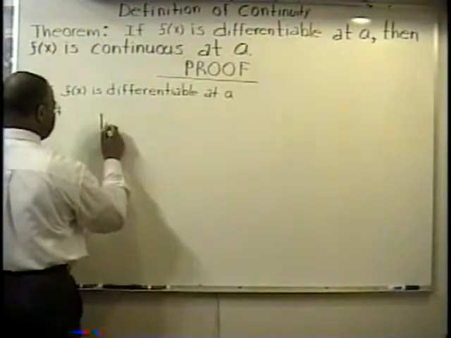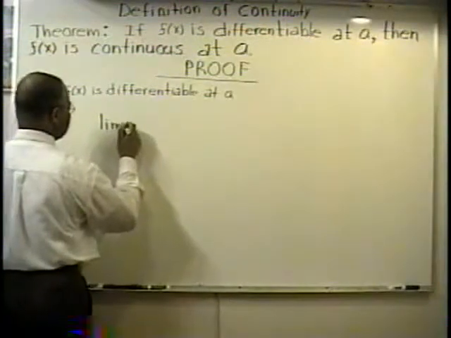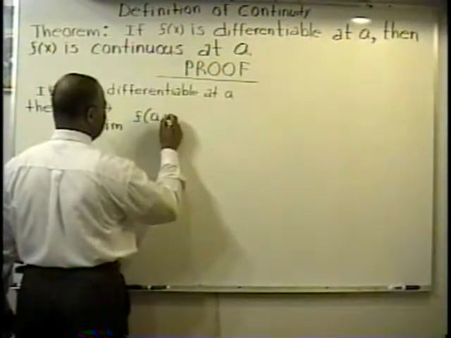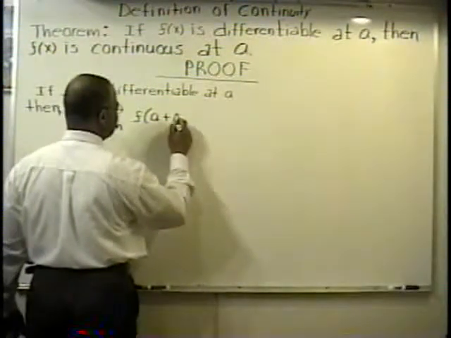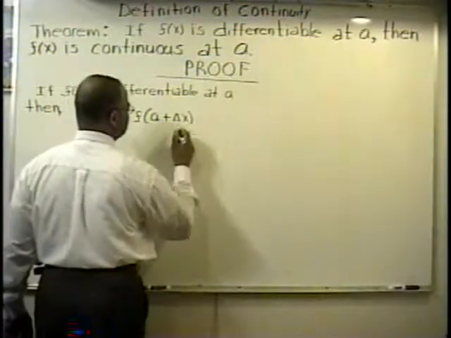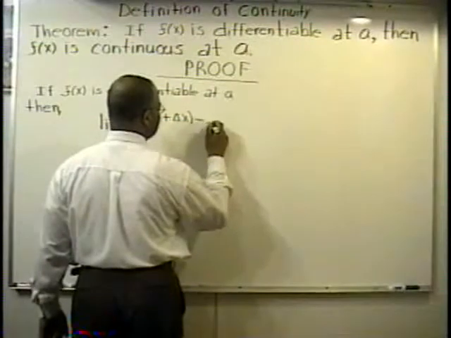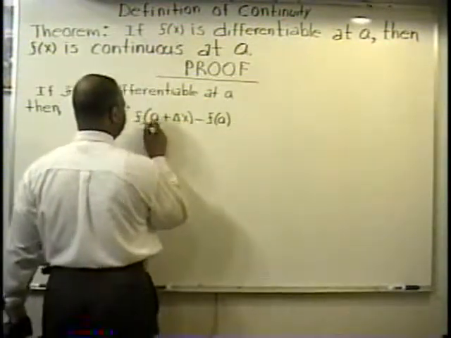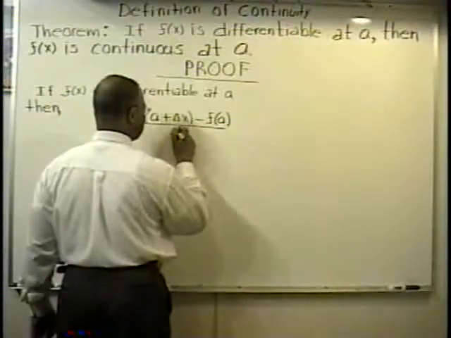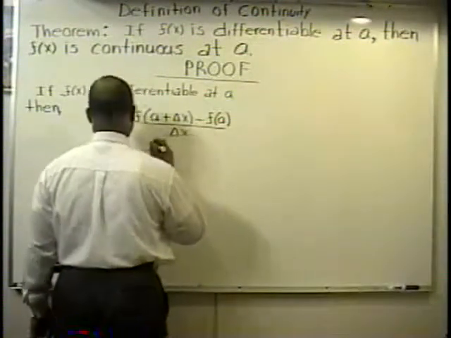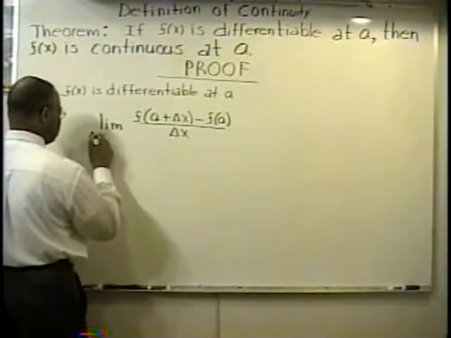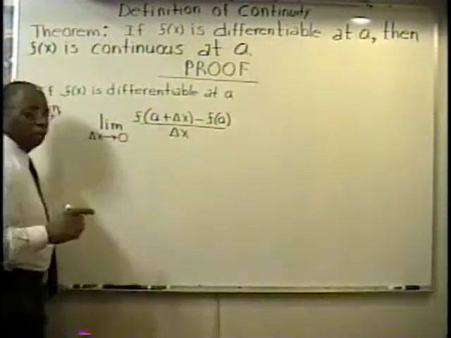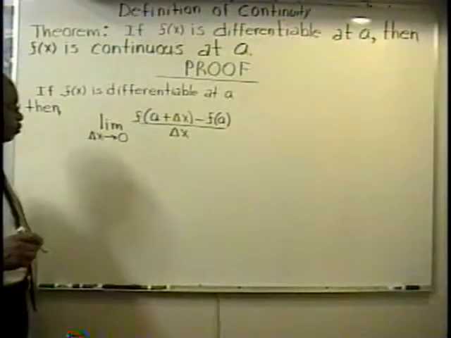The limit of f of A plus delta x minus f of A, divided by delta x, as delta x approaches 0. And here's the key word, ladies and gentlemen.